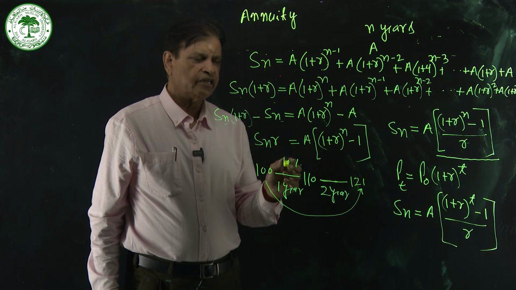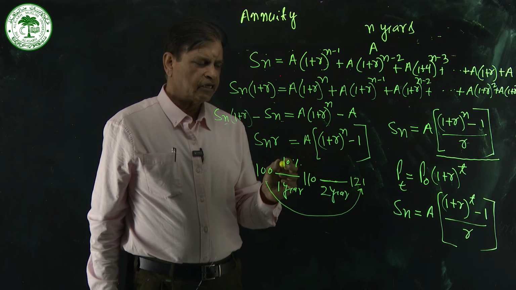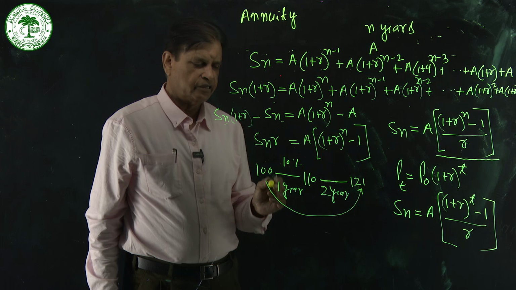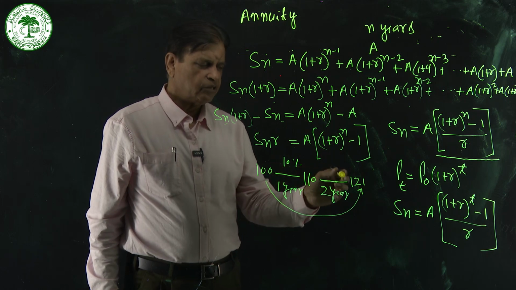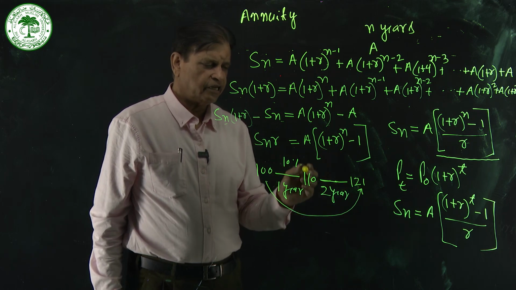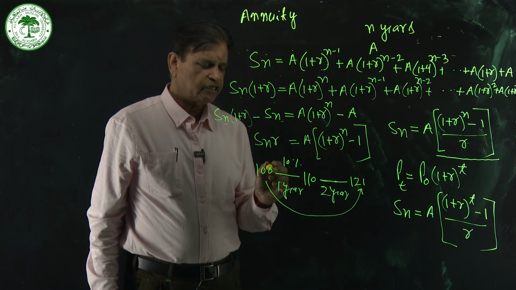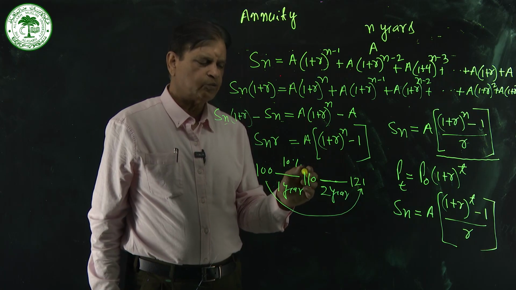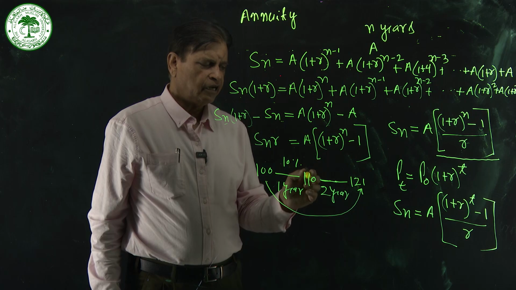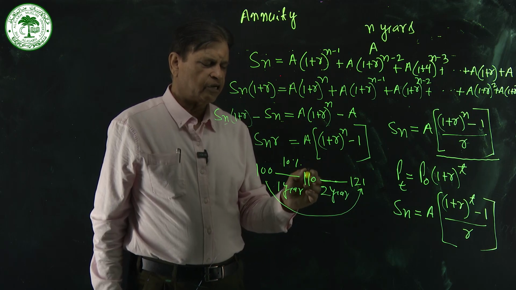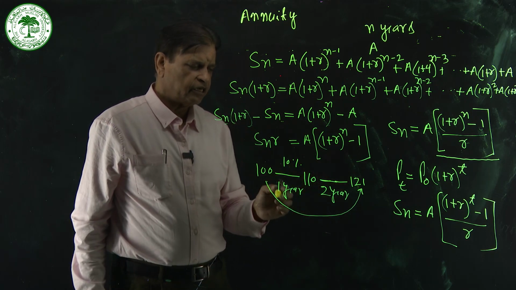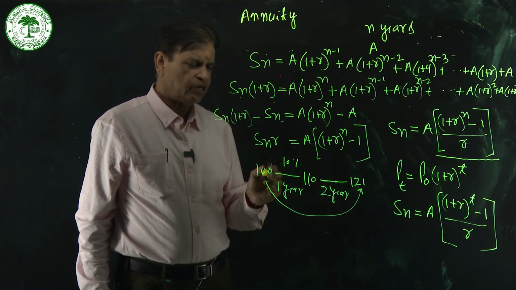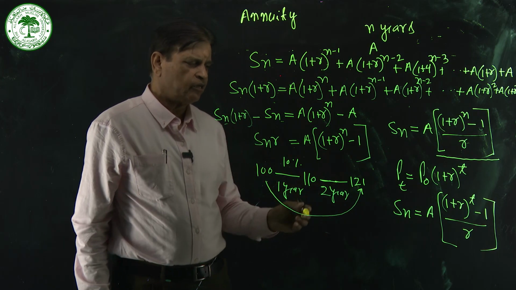It grows at the rate of 10% and the interest here is compounded. That is, for the calculation of interest for the second year, the principal amount, that is 100, and the interest of rupees 10 both are added, and then interest is calculated on 110. So it is growing at compound interest rate and becoming from 100 to 121.